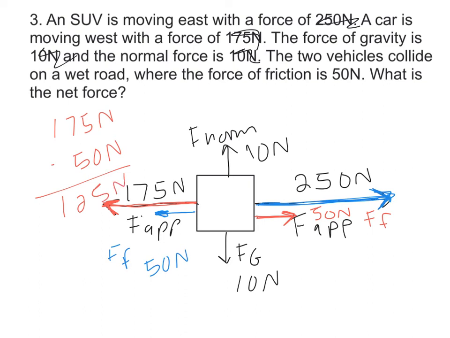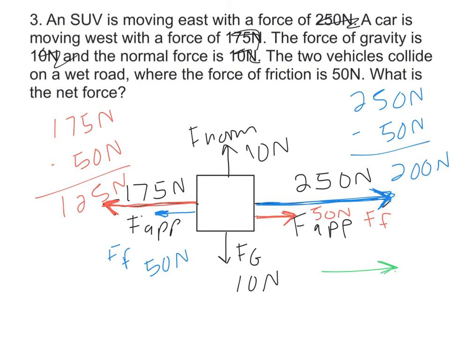I take 250 and I subtract the 50 newtons of friction from the SUV, so I get 200 newtons. And then what I would have left over would be a 75 newton force going in the direction of the SUV, which would be east, for my F net.